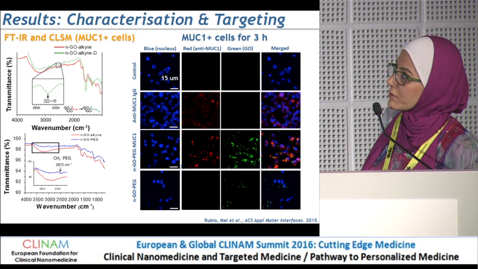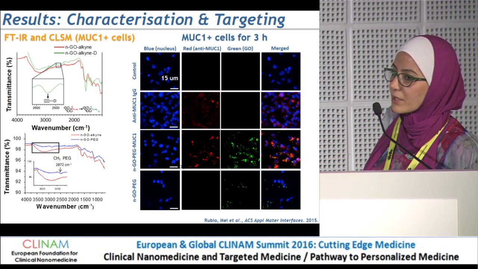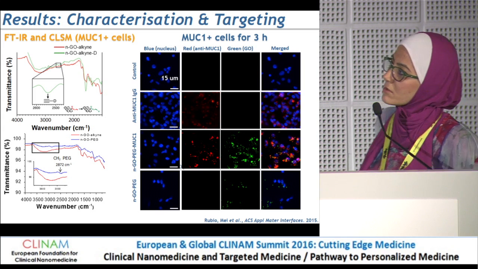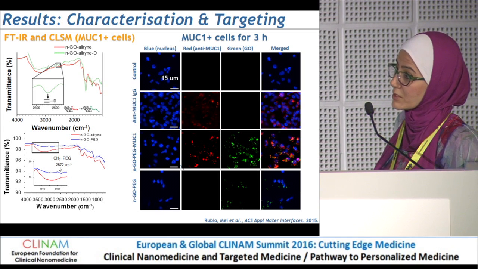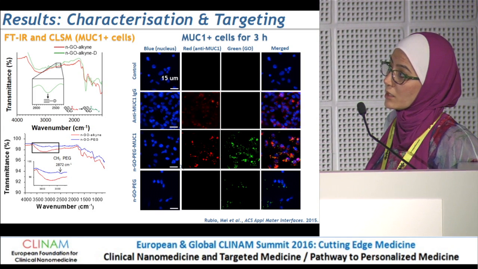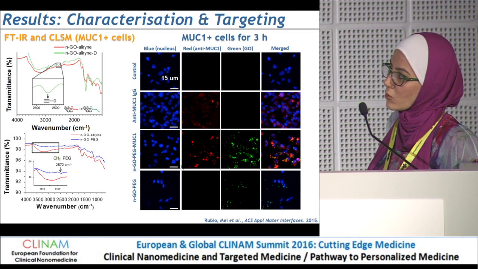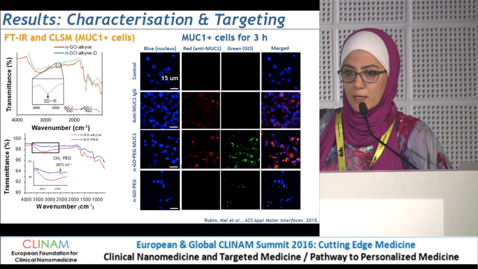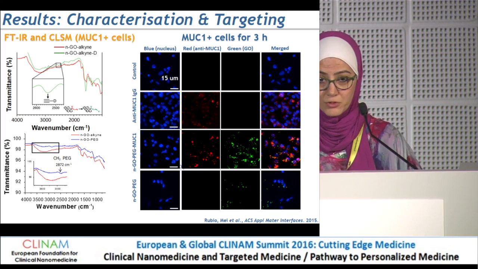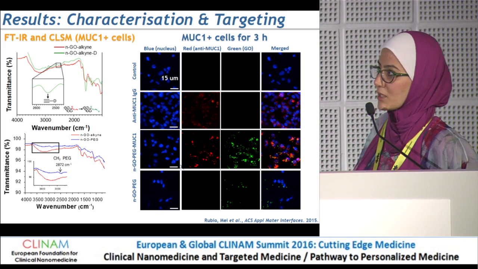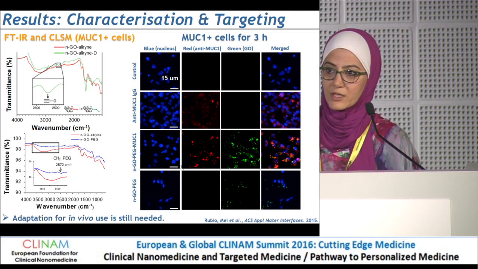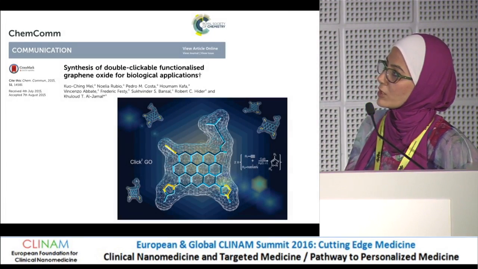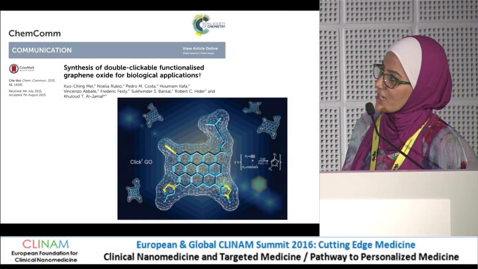We image the graphene oxide directly by relying on its photoluminescence properties, and you can see nice co-localization between the green signal of the graphene oxide and the antibody. So we could confirm that if you functionalize the graphene oxide and reduce its size, you are able to achieve targeting of the cancer stem cells. This is all in vitro. What happens in vivo is something also to look into. I'll leave this to our next speaker.